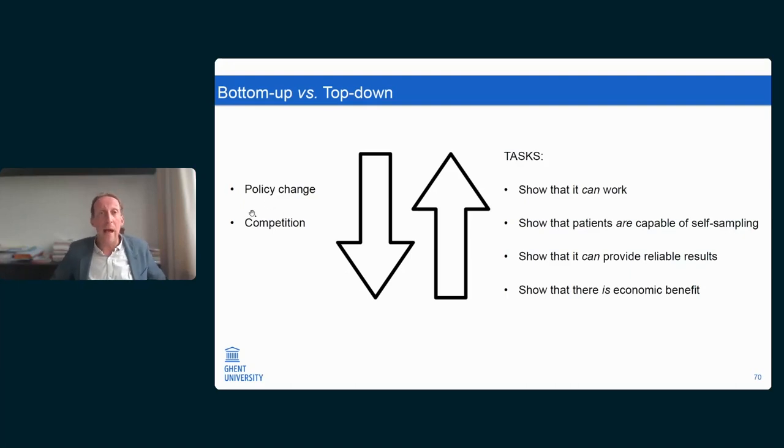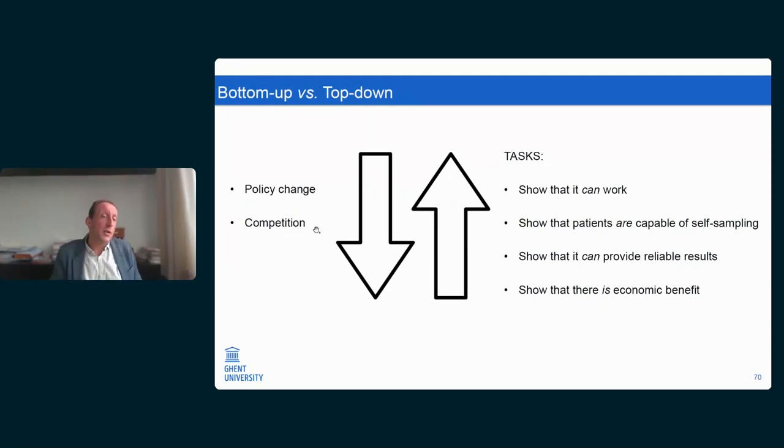A top-down approach could also be just competition, because one lab has embarked upon microsampling, samples get sent via regular mail to that single lab, and other labs feel they are missing out, and so they will also implement microsampling, because they may lose the competition and may not get the samples anymore that they used to get. So these are two ways in which microsampling can be implemented.